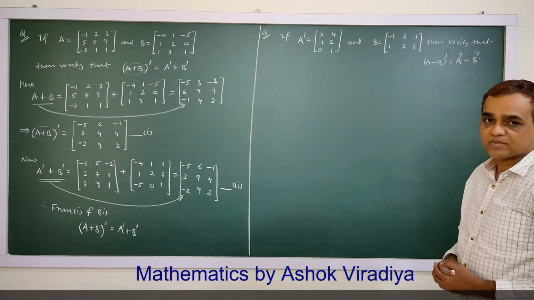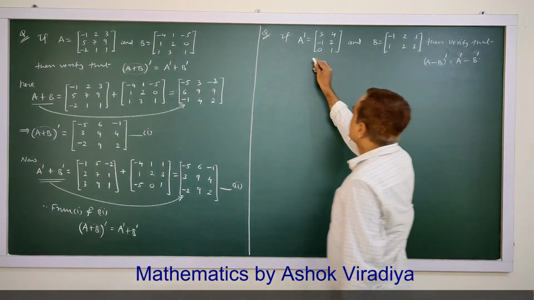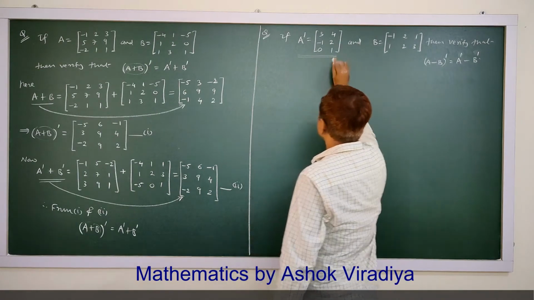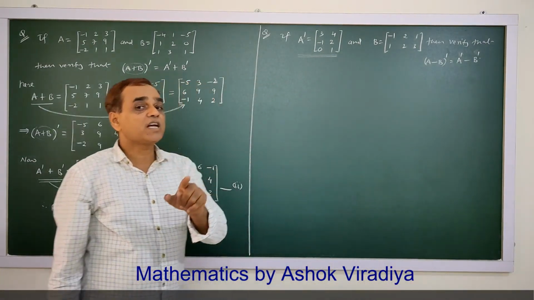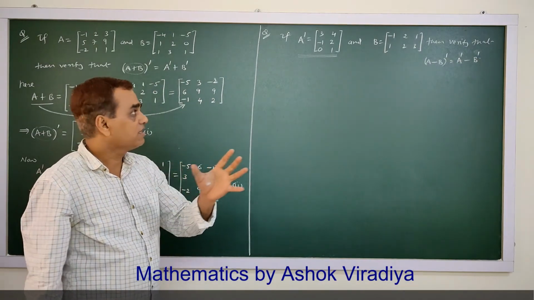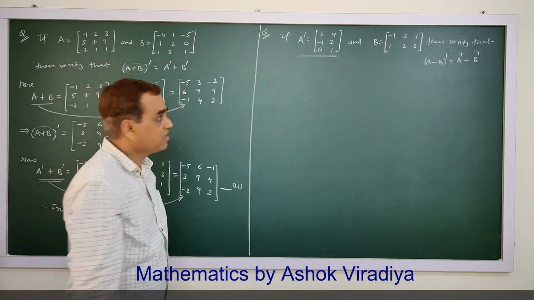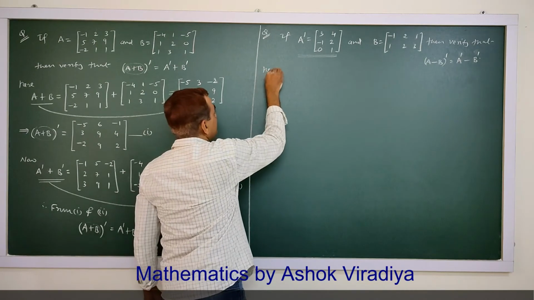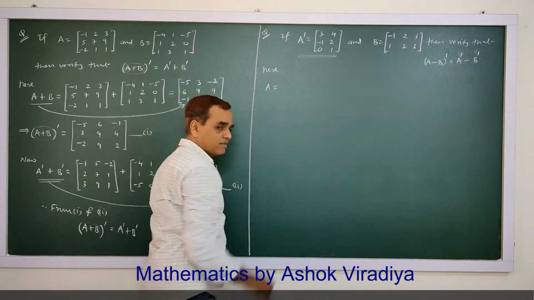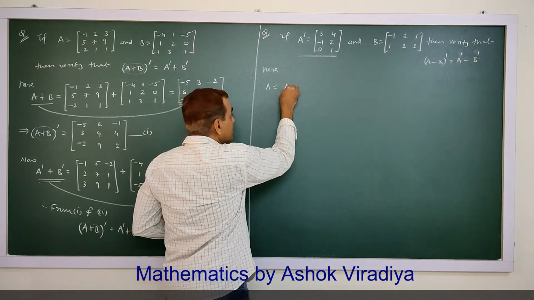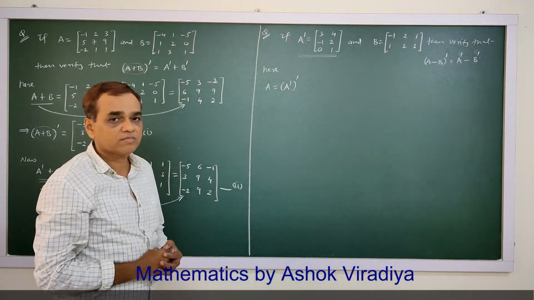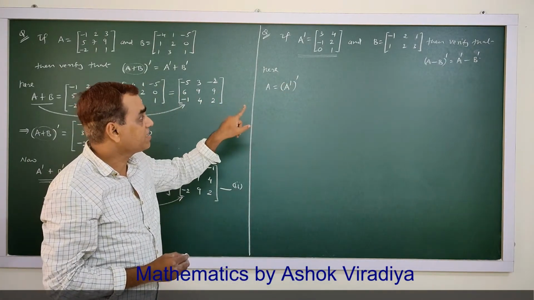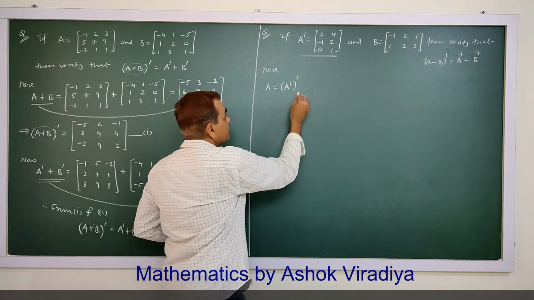Now here, see, A dash is given. So from A dash, first of all, we calculate A because A is not given. So here, A is the transpose of the transpose. Matrix A is the transpose of the transpose.